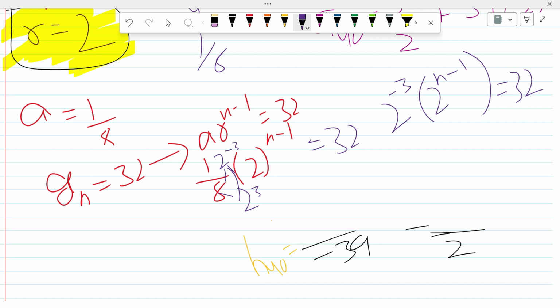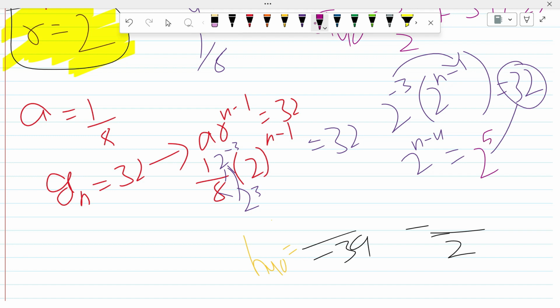Now do one thing. 2 power minus 3: add this into this and make this one term. Now you will get 2 power n minus 4. Now this is 32. I can also write it as 2 power 5.